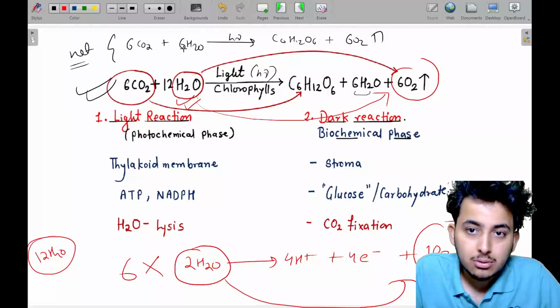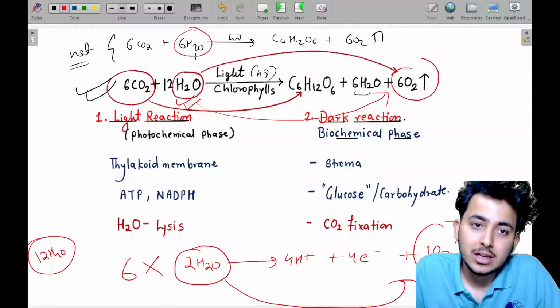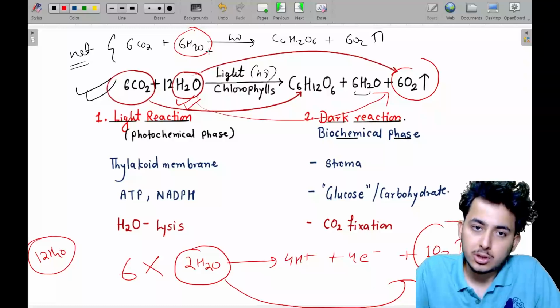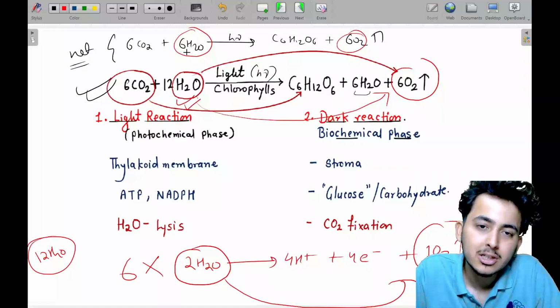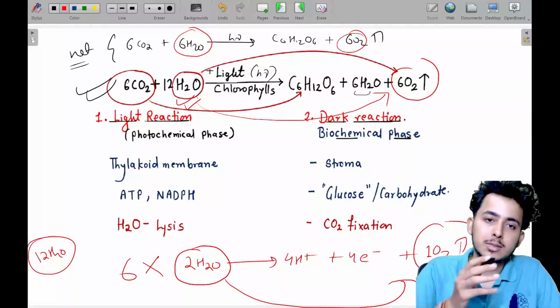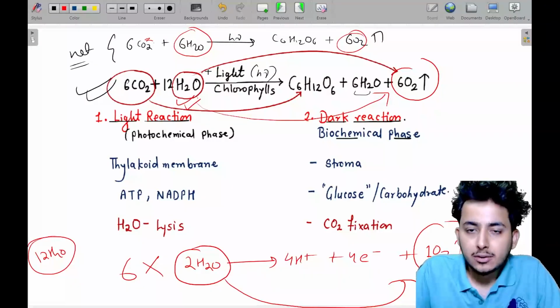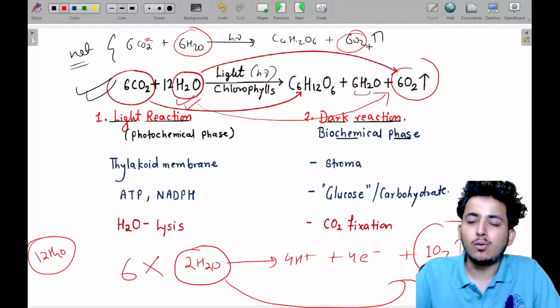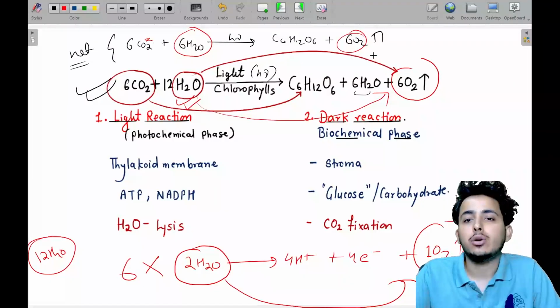The other equation gives a wrong notion that 6 water molecules, when they are used up or split, give rise to 6 oxygen molecules, which is a wrong representation. People have done radiolabeling experiments in which they radiolabeled the oxygen of carbon dioxide, and they identified that the oxygen that is evolved doesn't have any radioactivity.